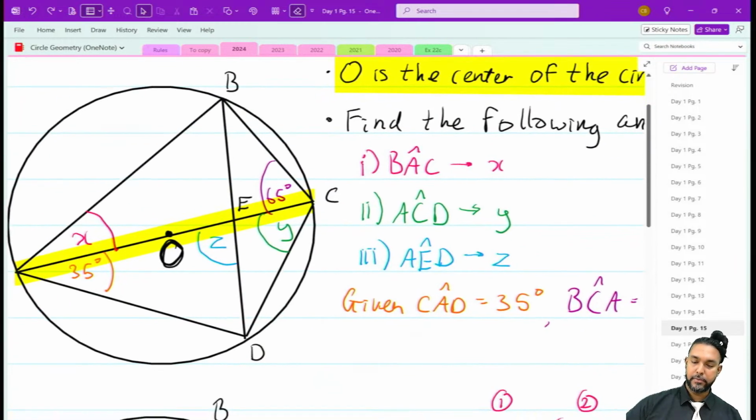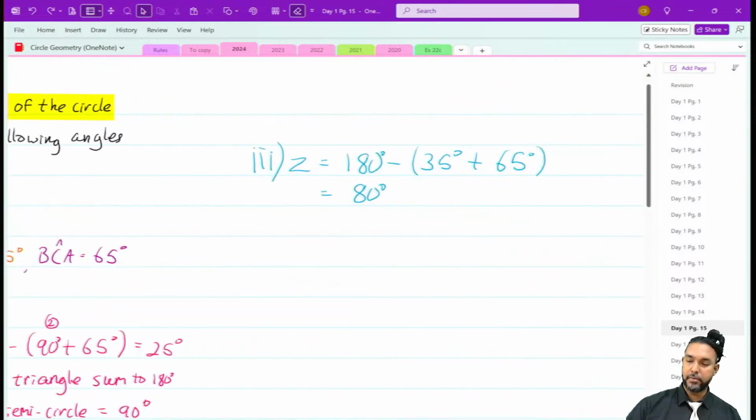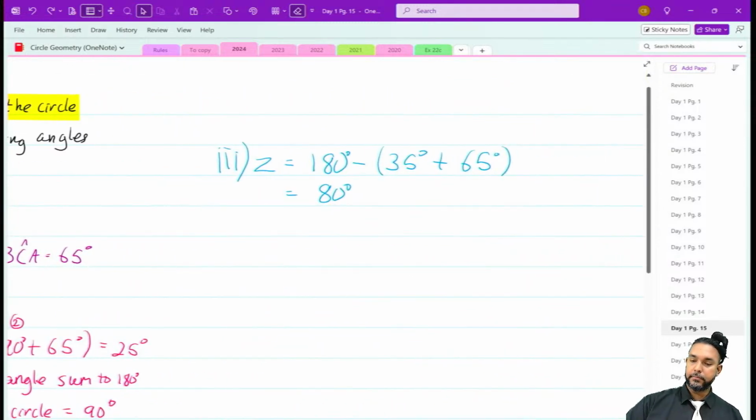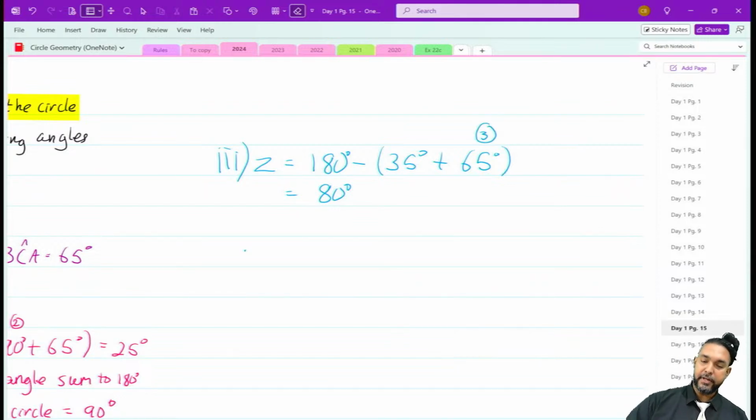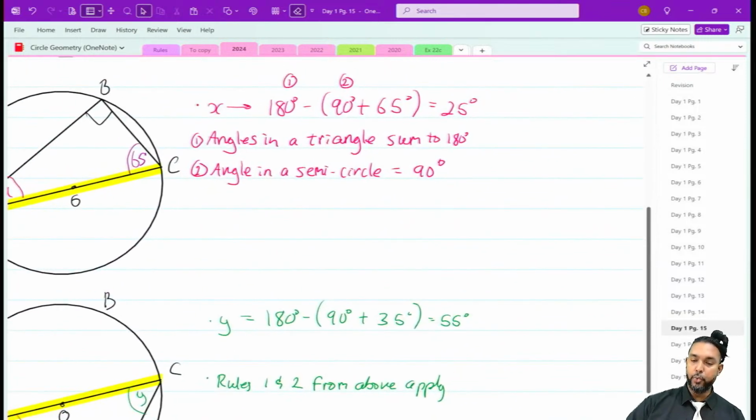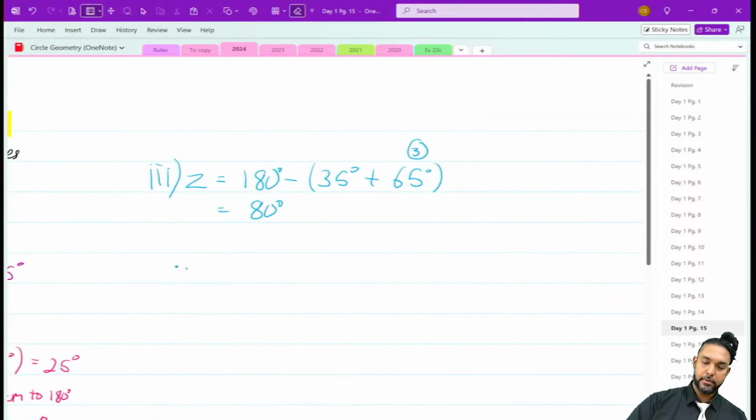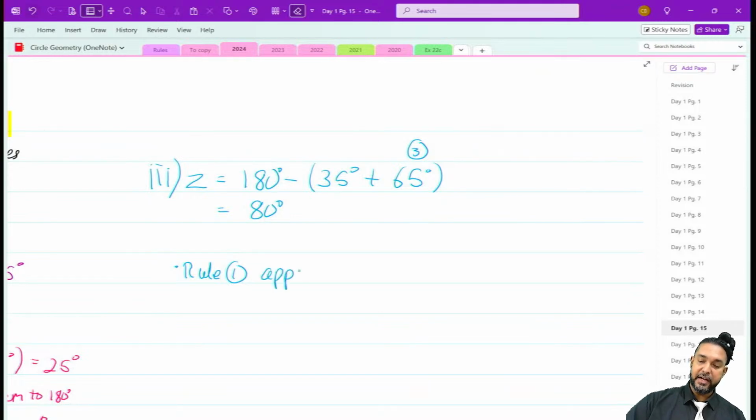I'll put a 3 here. So we could say rule 1 applies, which is the sum of the angles in a triangle, and item 3 is that angles in the same segment standing on the same arc are equal.